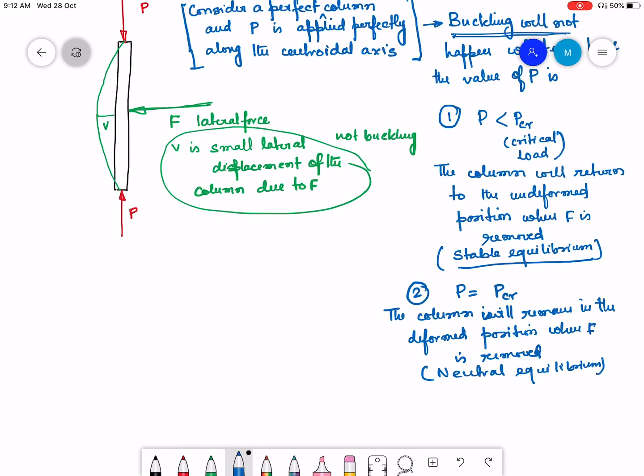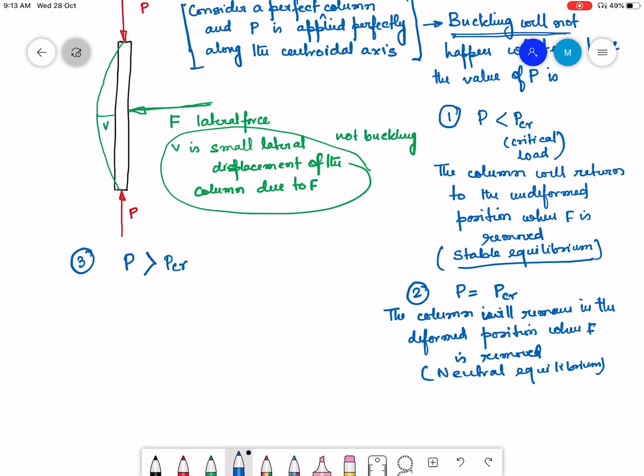Okay, and the third case is when P is greater than P critical. When P is greater than P critical, then the column will deform further even when F is removed, and it goes into an unstable condition.